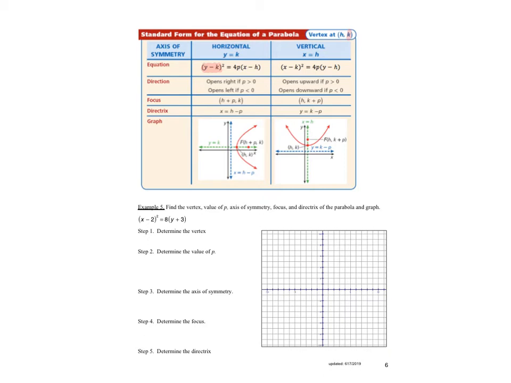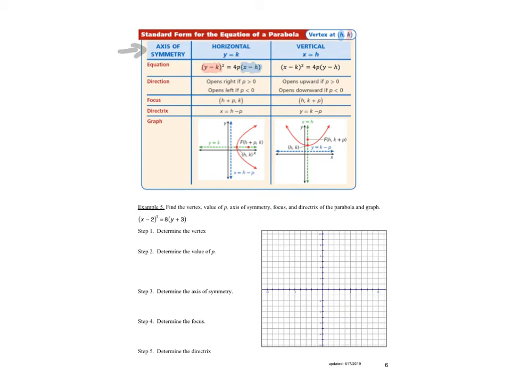And everywhere we saw an x before, we'll have an x minus h, where h is the x-coordinate of the vertex. The axis of symmetry has also shifted. It's not y equals 0, x equals 0 anymore, it's y equals k, x equals h.